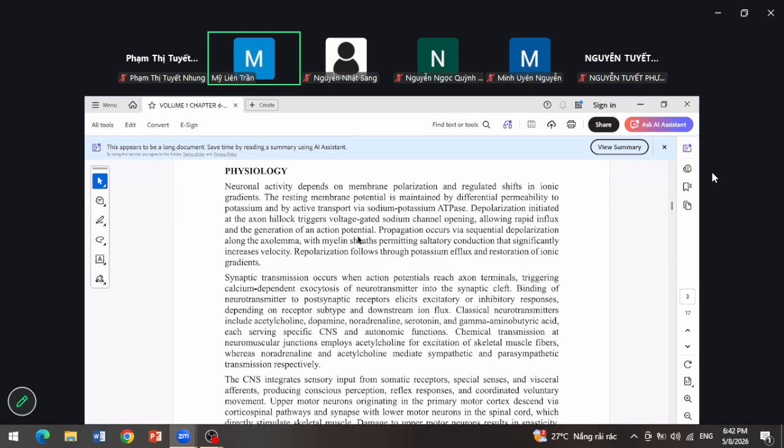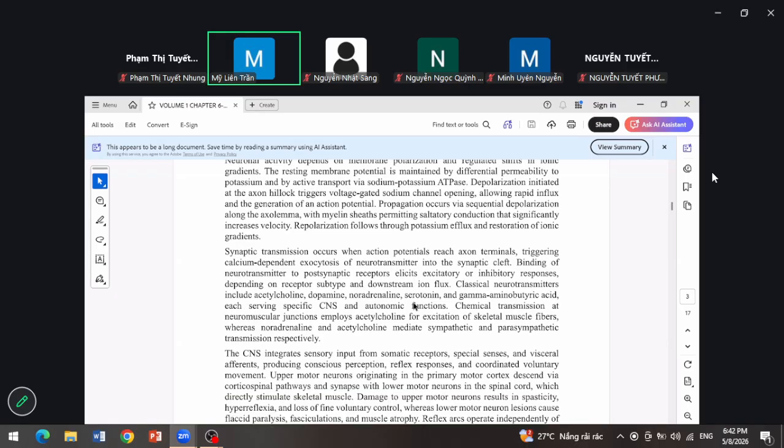Binding of neurotransmitter to postsynaptic receptors elicits excitatory or inhibitory responses depending on receptor subtype and downstream ion flux. Classical neurotransmitters include acetylcholine, dopamine, noradrenaline, serotonin, and gamma-aminobutyric acid, each serving specific CNS and autonomic functions.